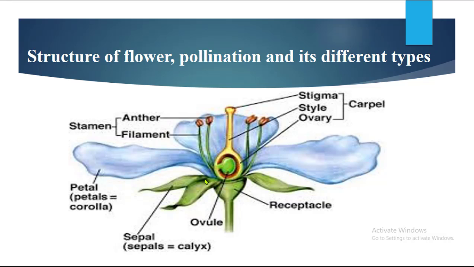Structure of flower. So a flower generally has both male and female parts within the same flower. So in the context of reproduction, we will be discussing male and female parts of flowers.